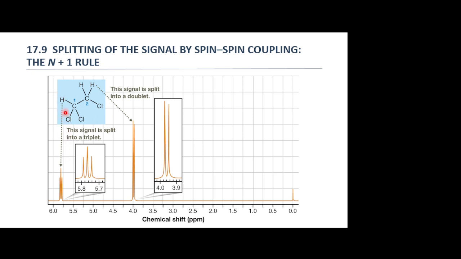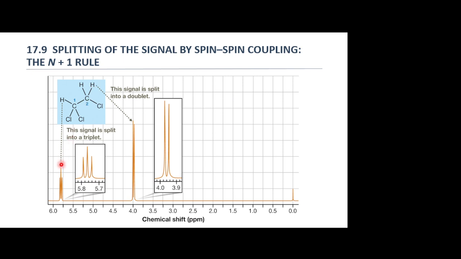And what's happening is these hydrogens over here are actually causing that to split, and it's the n+1 rule. This is splitting your signal. This is called spin-spin coupling. The spin state of this hydrogen is coupling with the spin state of these hydrogens right here. The more spin states you have next to it, the more peaks you're going to see.